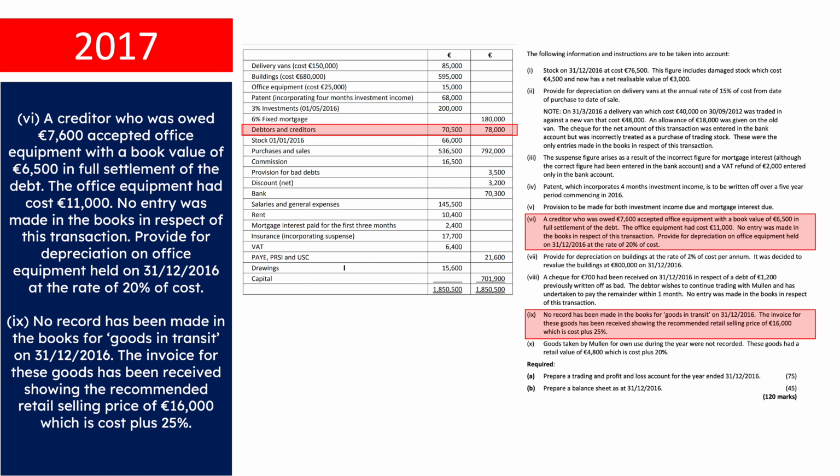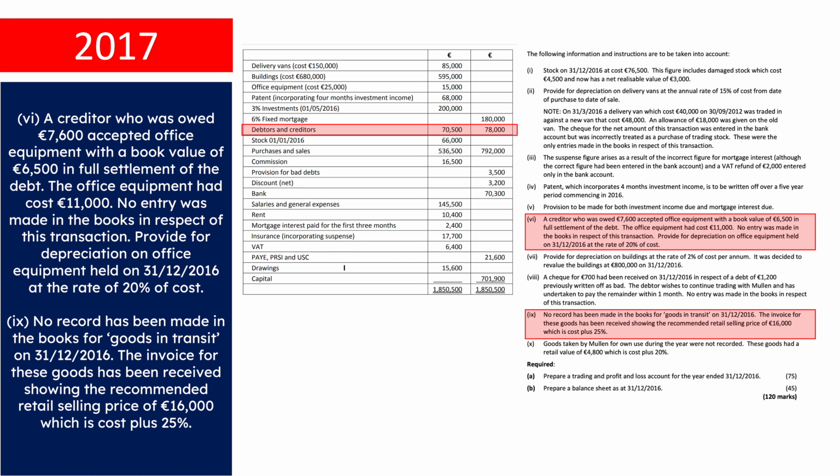Provide for depreciation on office equipment held on the 31st of the 12th, 2016 at the rate of 20% of cost. And then note 9, no record has been made in the books for goods in transit on the 31st of the 12th, 2016. The invoice for these goods has been received showing the recommended retail selling price of 16,000, which is cost plus 25%.